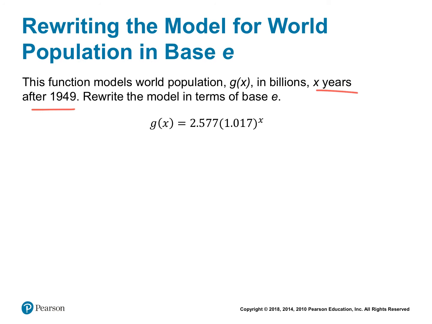So what we know is that this one right now is in the form y equals a times b to the x. So there's our a, b, and x. And we said that this can be rewritten as y equals a times e to the natural log of b times x.